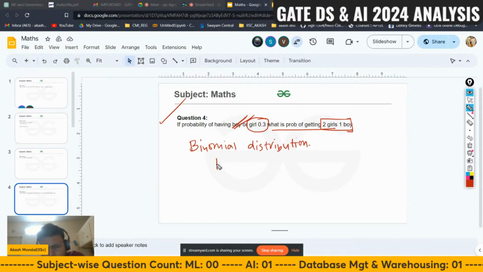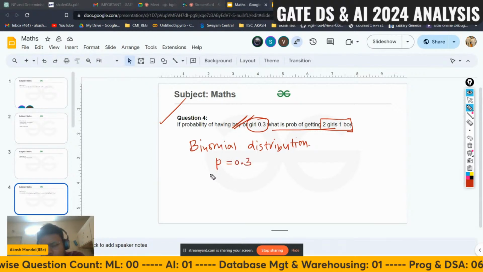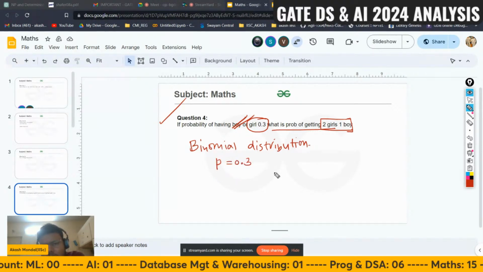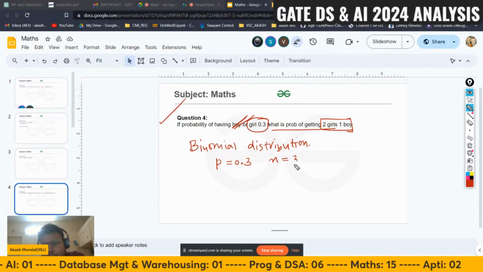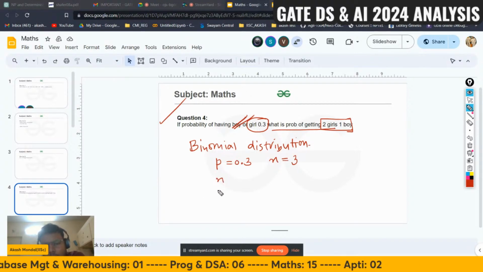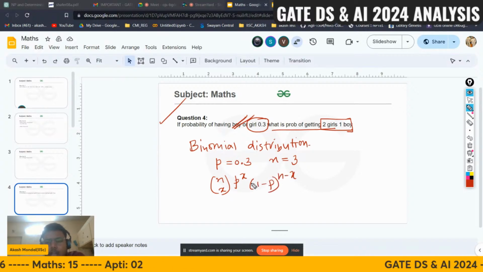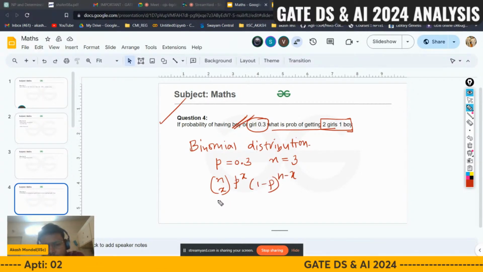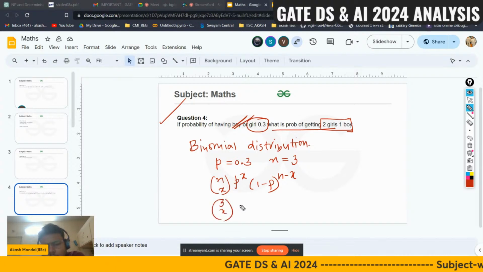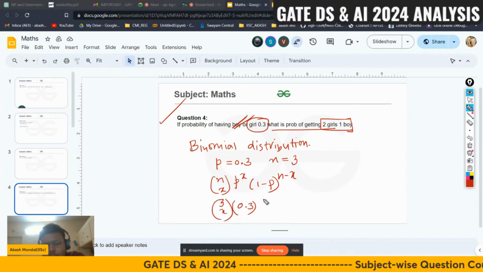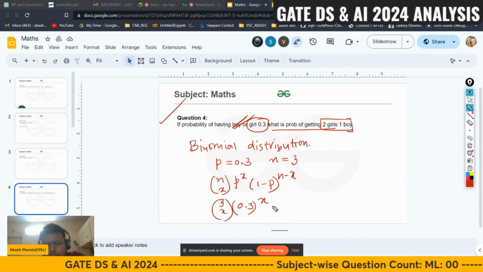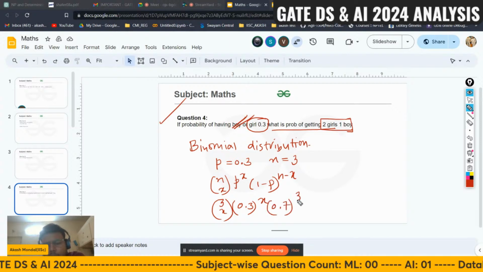Where you can assume p equals 0.3, which is the probability of success, or having a girl, and n equals 3. The formula is n choose x, p to the power x, (1 minus p) to the power n minus x. Plugging in the values, you get 3 choose x, 0.3 to the power x, and 0.7 to the power 3 minus x.